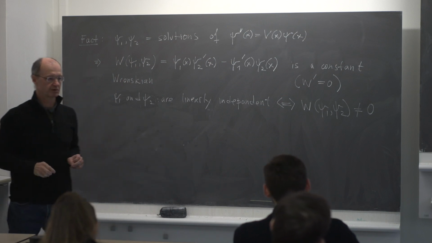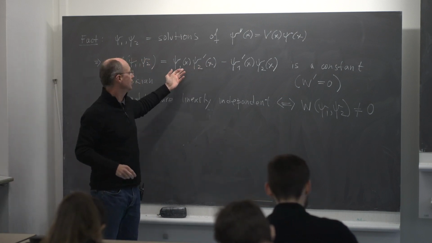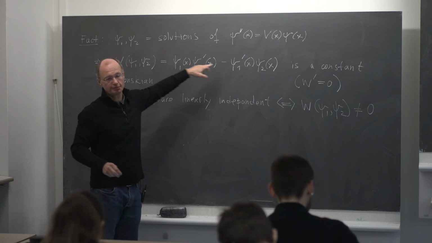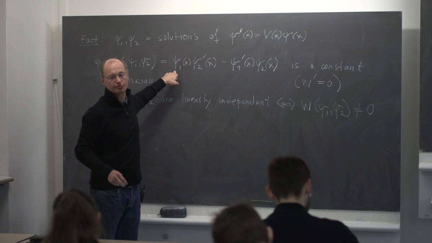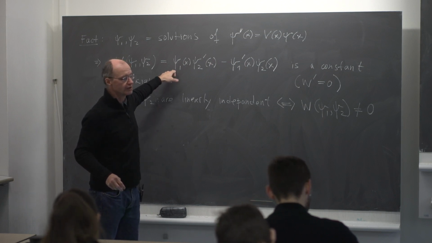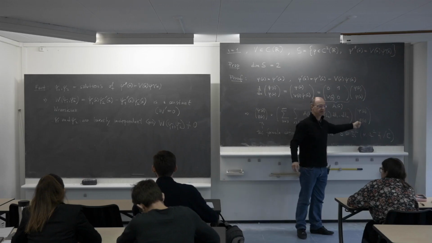The Wronskian is non-zero. That again you can easily check because it's independent of x. This means you can compute it when x is equal to 0. So when x is equal to 0, psi prime is actually phi.